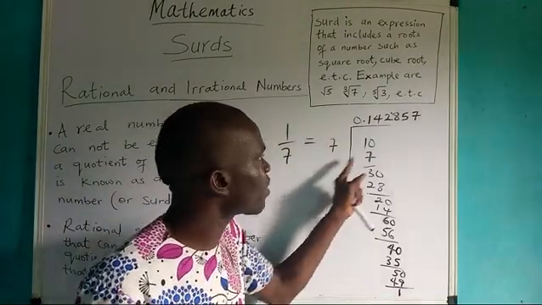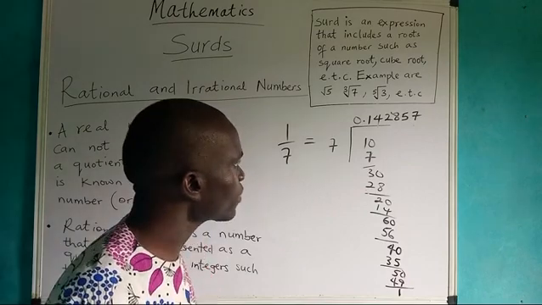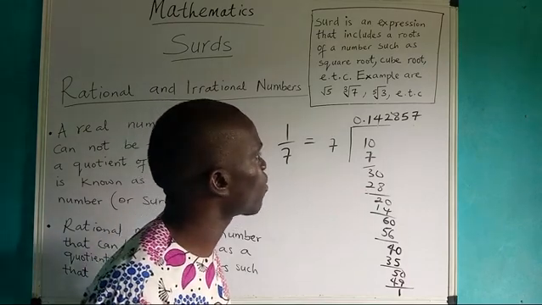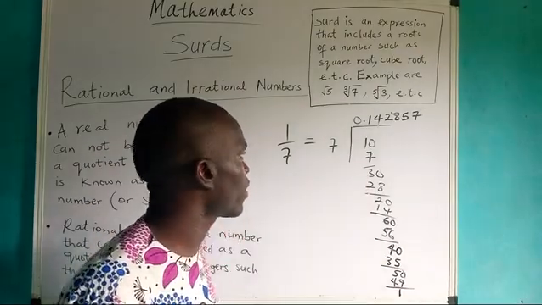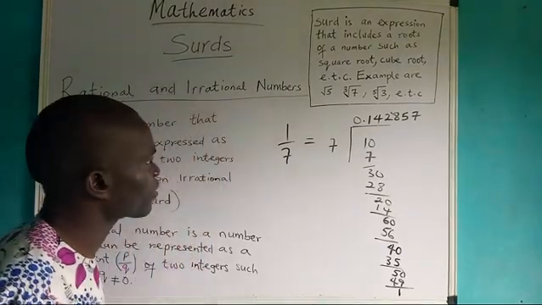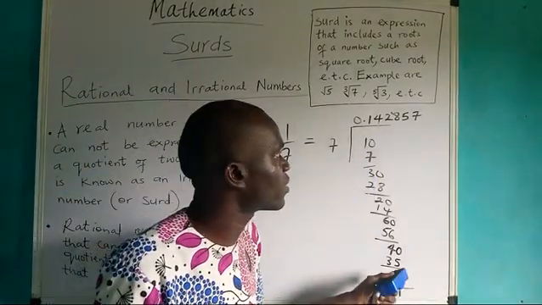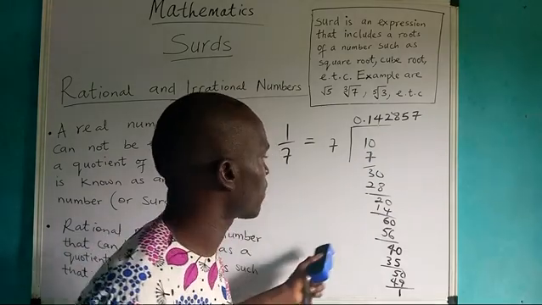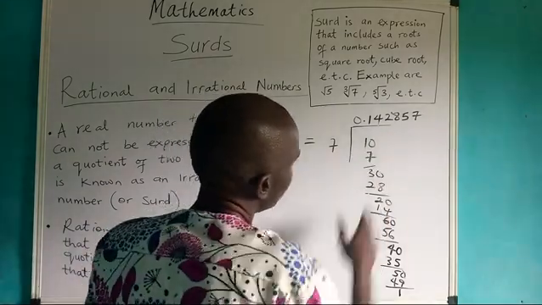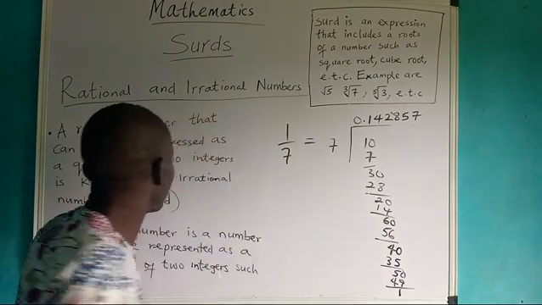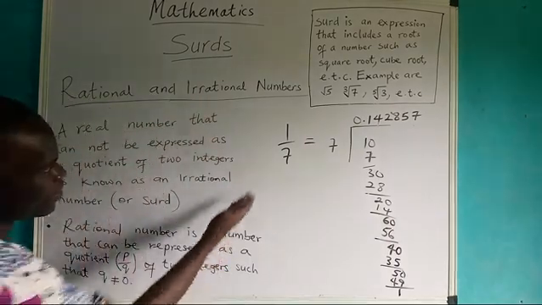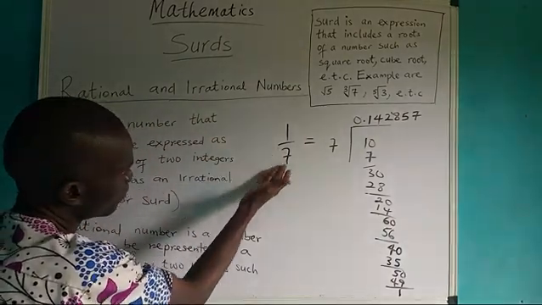Meaning the decimal will continue. It will not end. This type of decimal is what we call a terminating decimal. But there are some fractions that can also be represented as a recurring decimal. But this one is a terminating decimal. Now look at it. We have already represented this very expression as a fraction.